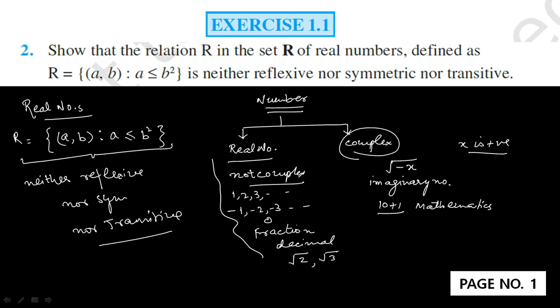First of all, let us check with all the numbers. The statement is R is equal to (a, b), then a less than or equal to b square.